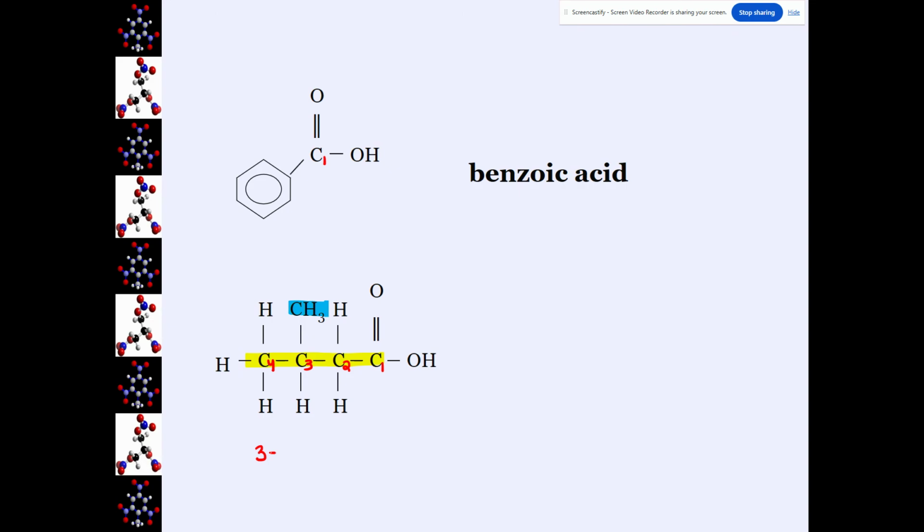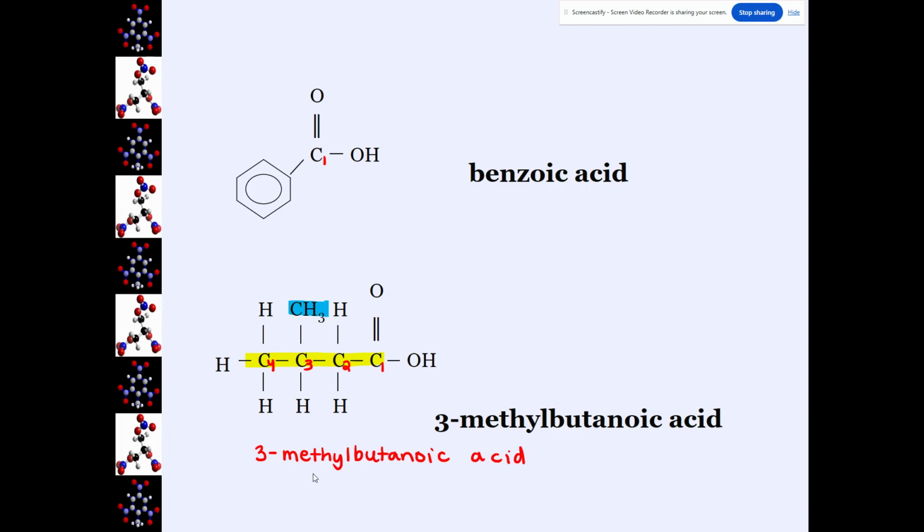On carbon 3, there is a methyl branch, and my parent is 4 carbons long, so that would be butanoic acid. Again, I don't need a number for where the carbon with the carboxyl functional group is, because that is always on carbon 1. So it's just 3-methyl butanoic acid.